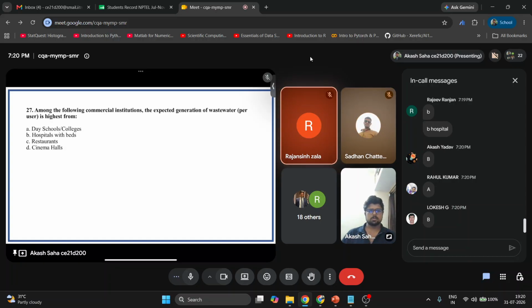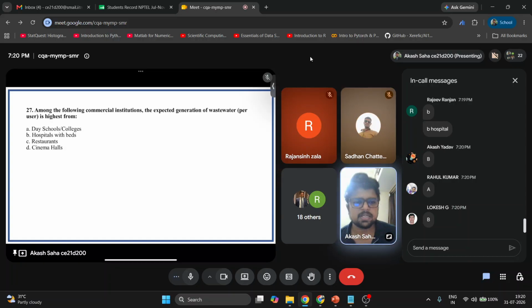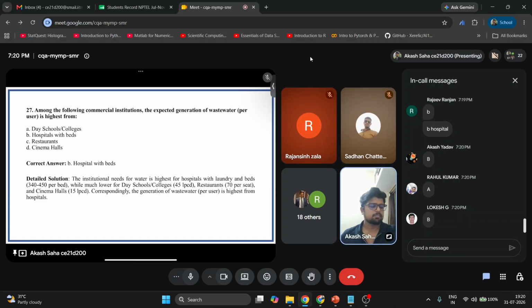So these are pretty easy questions. Hospital with beds will definitely be the highest. If you see, hospital with laundry and beds will take around 340 to 450 liters per bed, while for day schools and colleges, it's only 45 liters. Restaurants it's 70. Cinema halls it's 15. So very less as compared to the hospitals.